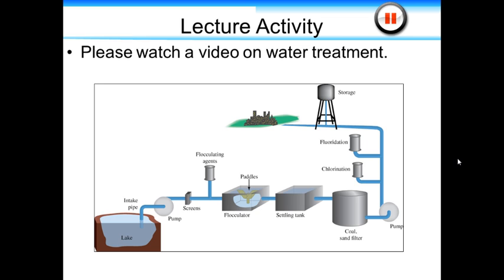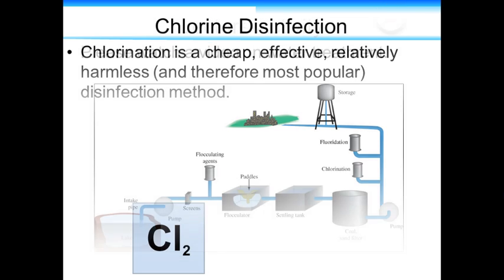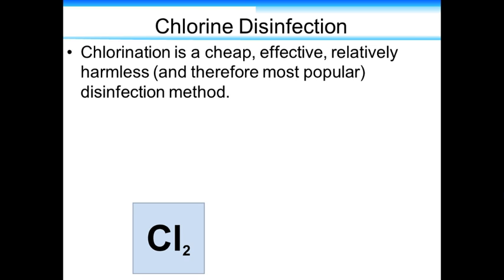Let's see how municipalities treat their water before it makes it into your home. I'd like to expand a little bit more on chlorination. At the water treatment plants, during the final stages, chlorine is bubbled through the water in order to obtain a certain concentration known to kill any residual bacteria.